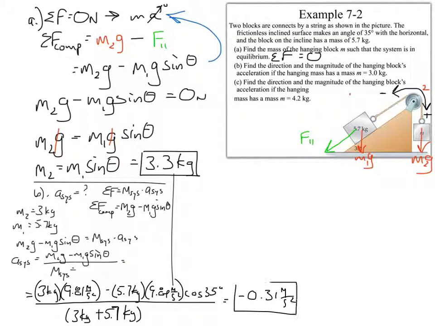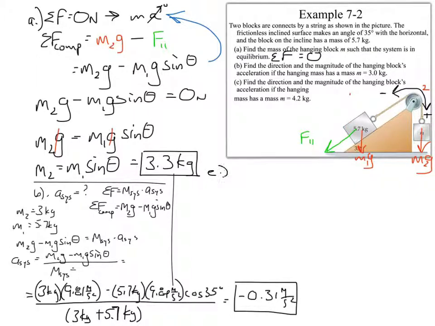Just like we predicted, right? It's a negative acceleration. It's not very much, but it is definitely negative because mass 2 is less than is required for equilibrium, so it's going to start to go in the negative direction. All right, part C, and then we'll be done.